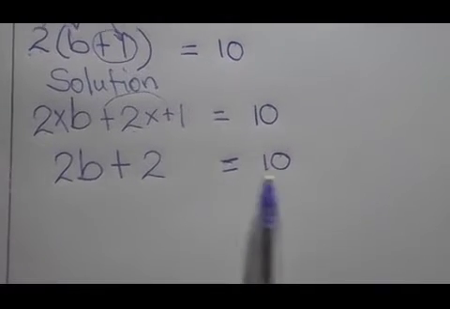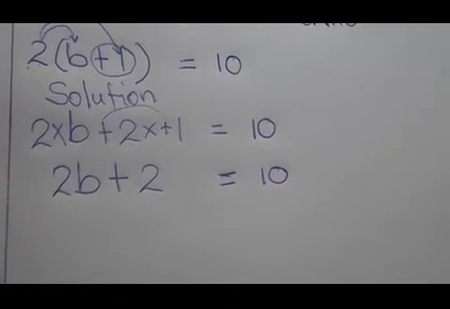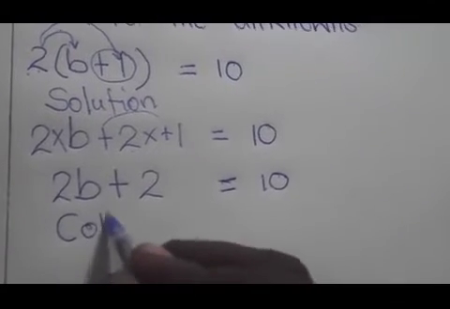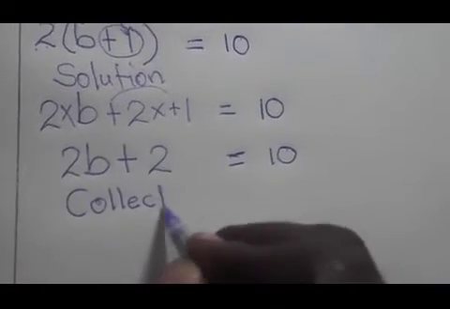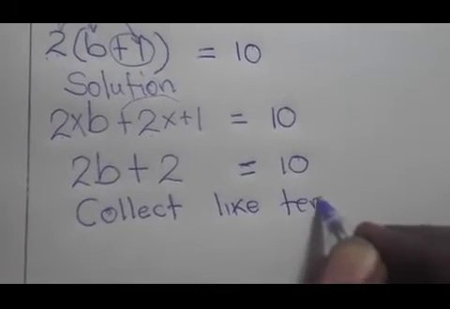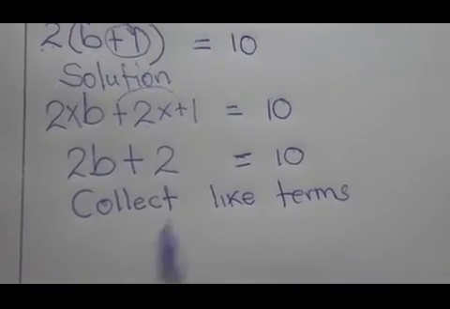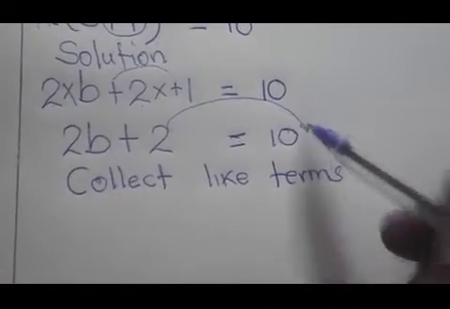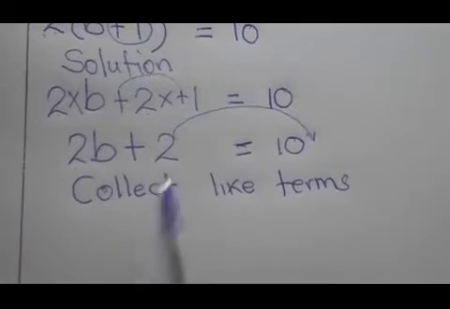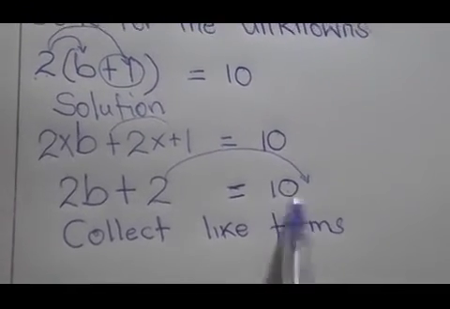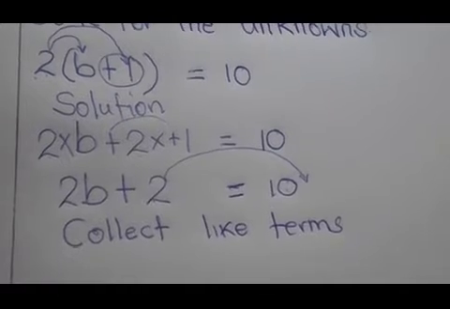Now we want to solve this equation. Therefore we collect like terms. Now we are going to transfer this 2 to the right-hand side. Why? Because this 2 looks like the 10. Let's leave the b's on the left-hand side.